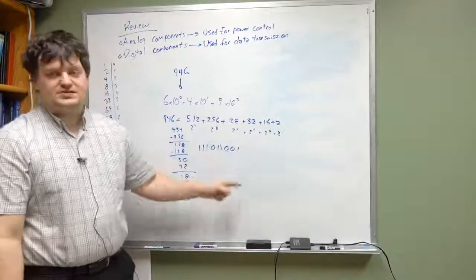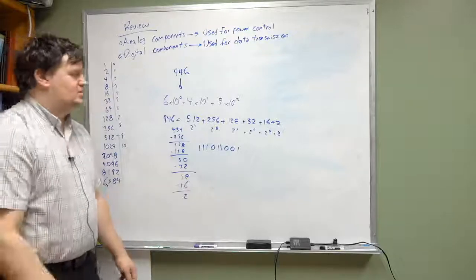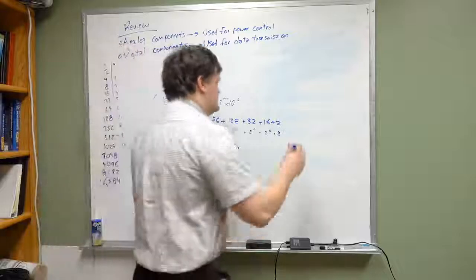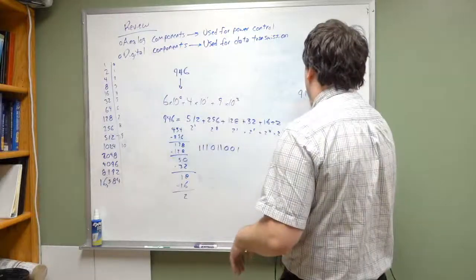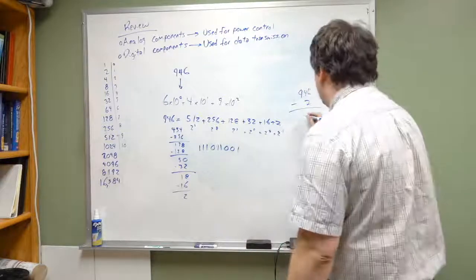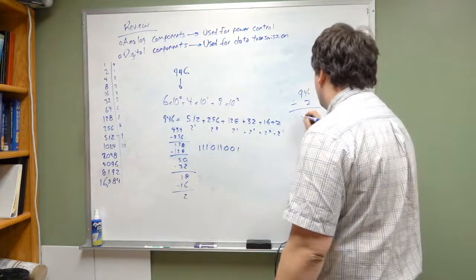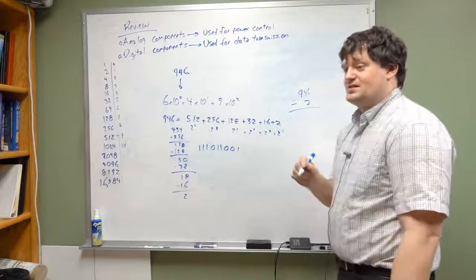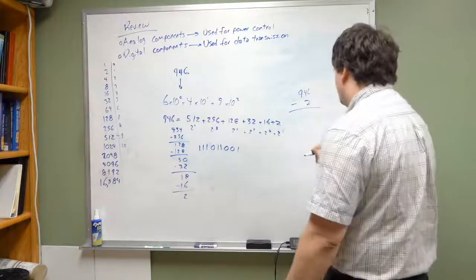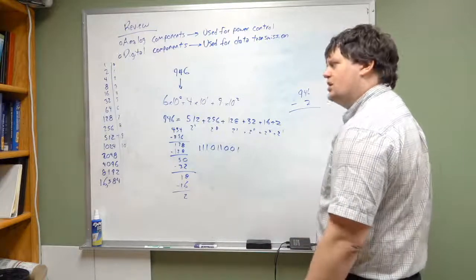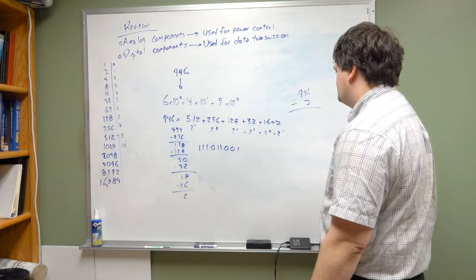Every other digit is 0. You can also look at this by doing a divide by 2. So 946, you divide by 2, and if it divides nicely, you get a 1. If it doesn't divide nicely, you get a 0.